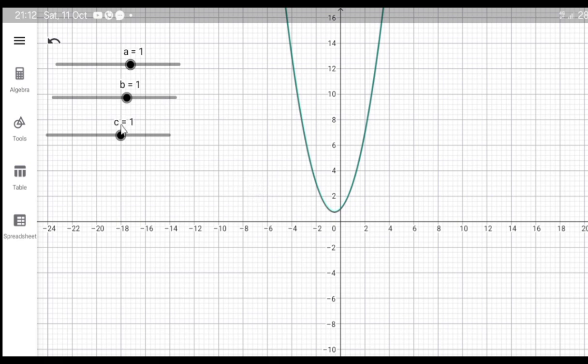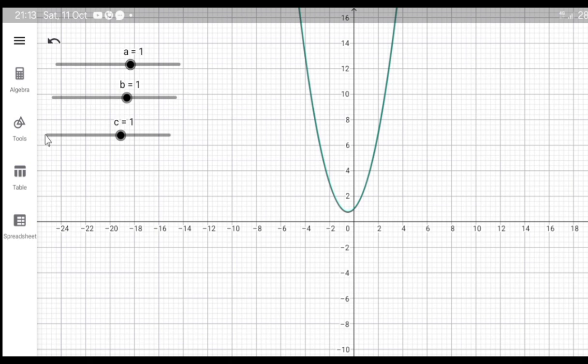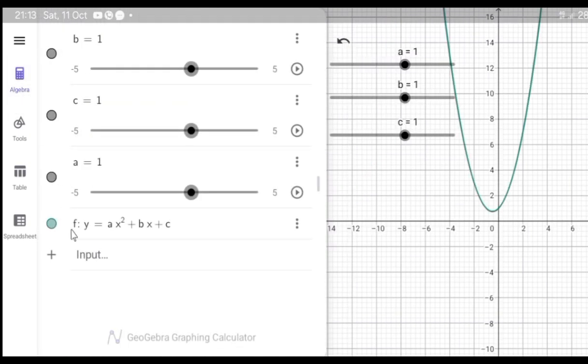We want to look at the behavior. Every quadratic equation is of the form ax squared plus bx plus c. That's the form of a quadratic equation. Now, a and b are the coefficients of x squared and x, and c stands to be the constant.